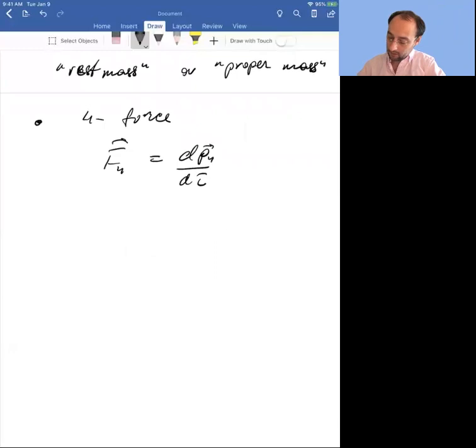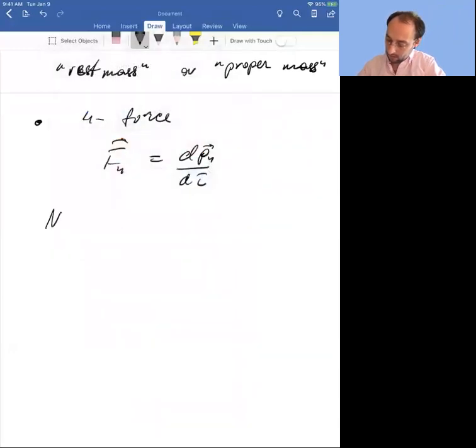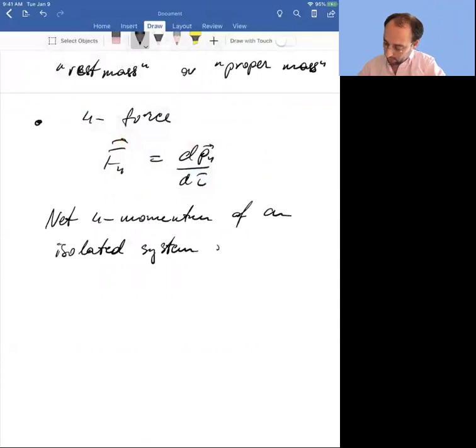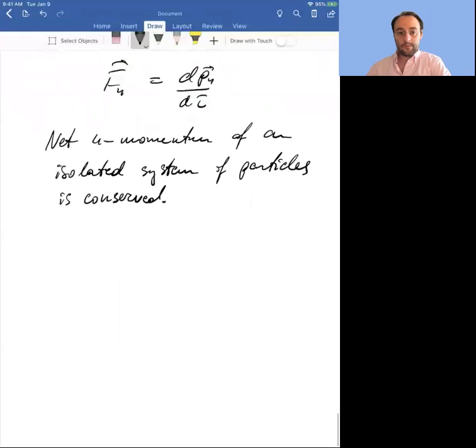And so in a given reference frame, the four-momentum takes on the following form.